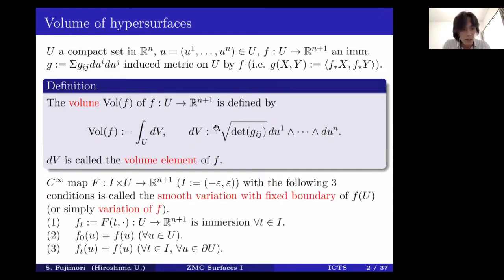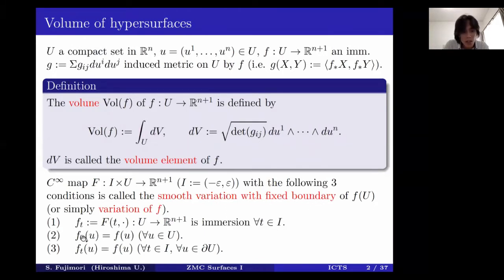Okay, and then a C infinity map capital F from I times U, where I is a short interval, into Rn+1 with the following 3 conditions is called a smooth variation with fixed boundary of F. We just simply say variation of F. Condition 1: F sub t, equal to capital F(t, ·), a map from U into Rn+1, is an immersion for any t.